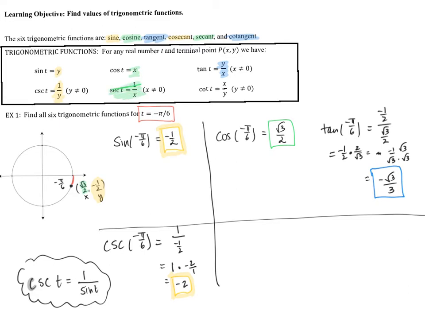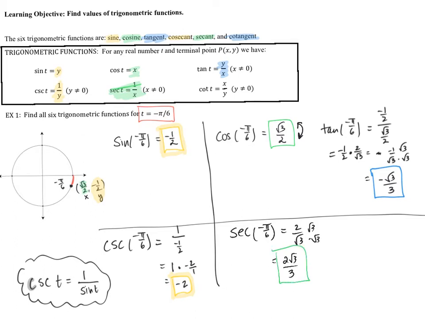So secant at negative pi over 6 is just the reciprocal. We just flip this upside down to get our secant. So 2 over root 3. And then you do need to do your rationalizing. So it'd be 2 root 3 over 3. And there we have it.